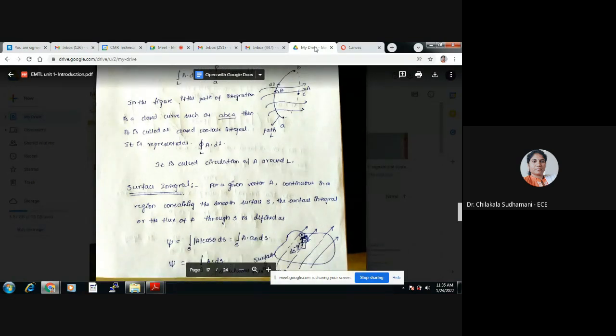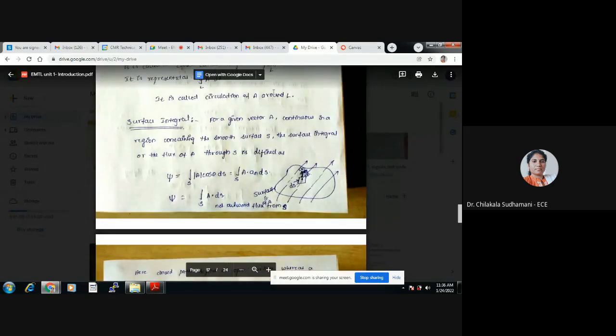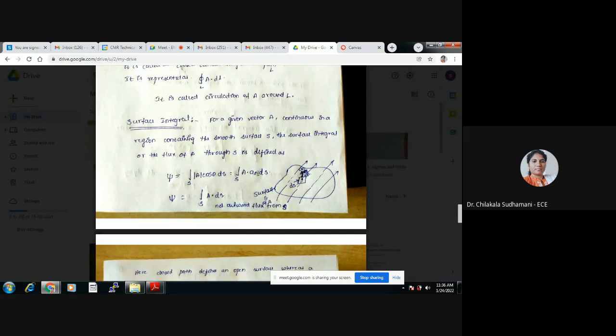The total flux generated in the surface is given as the total field strength. Flux means the total strength, how it is moving. So that is represented as I equal to the surface integral of A dot an, where an is a normalized unit vector perpendicular to the given surface, into ds.